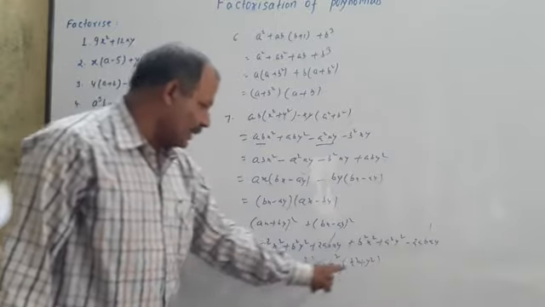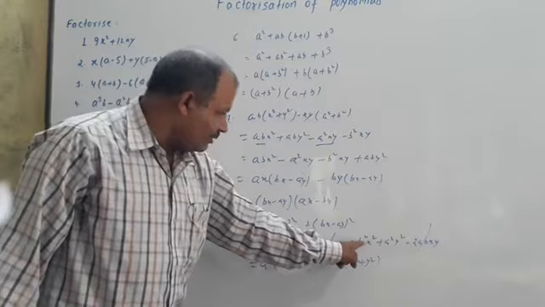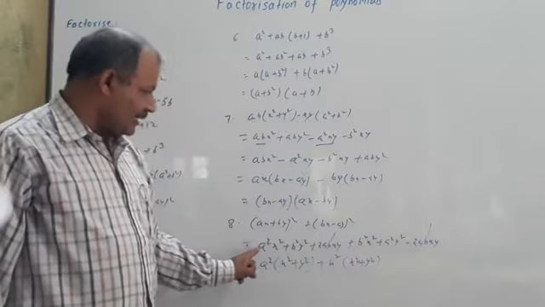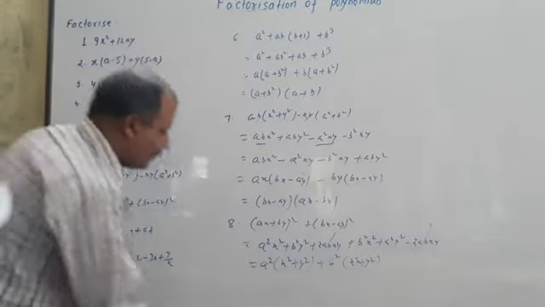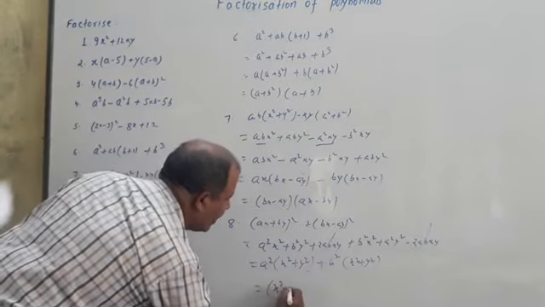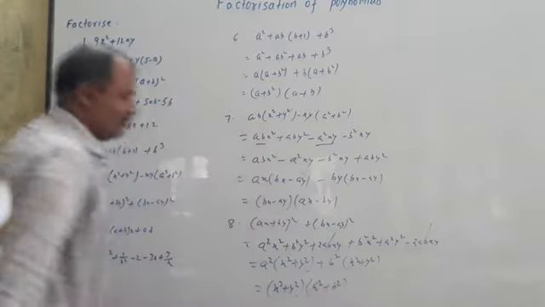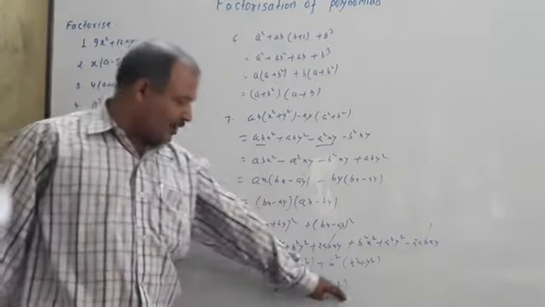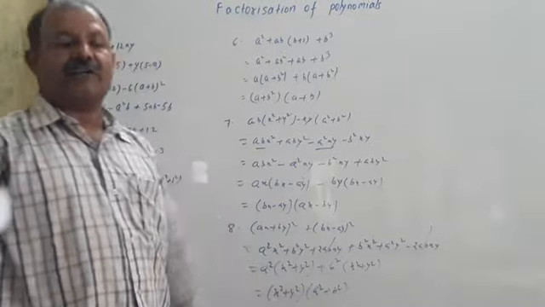Taking b square as common, x square plus y square. Here a square common, then x square plus y square. And therefore, on taking x square plus y square as common, we are left with a square plus b square, and therefore these are the two factors into which this expression will be turned to get its factorization.